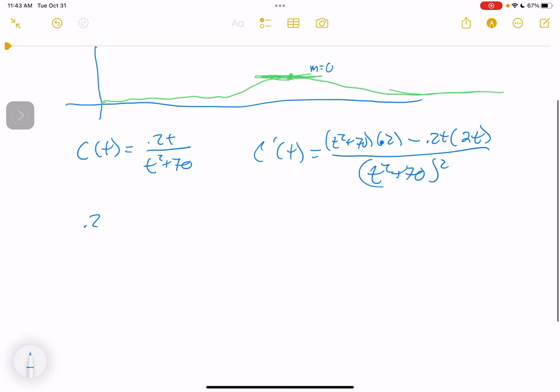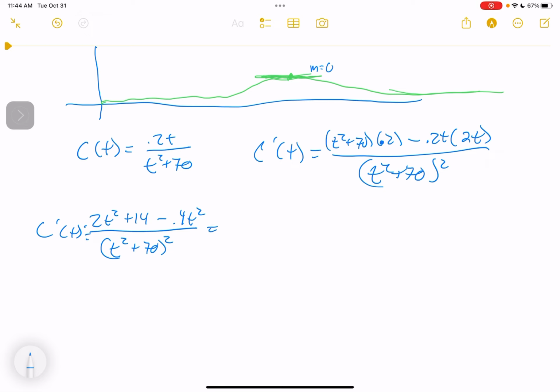So it's 0.2 t squared plus 14 minus 0.4 t squared over t squared plus 70, quantity squared. So that's going to give us negative 0.2 t squared plus 14 all over t squared plus 70, quantity squared.